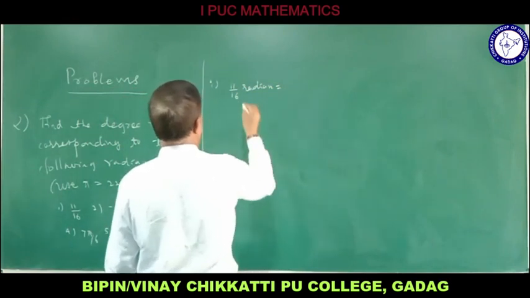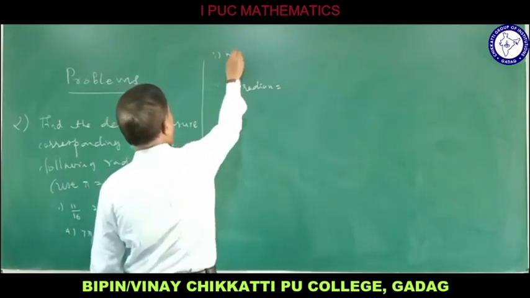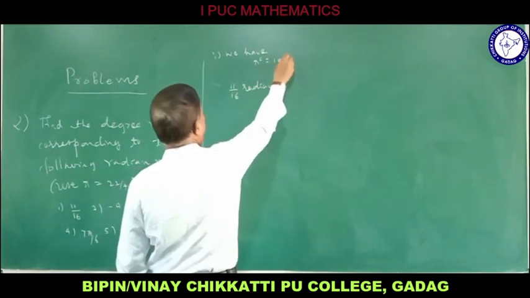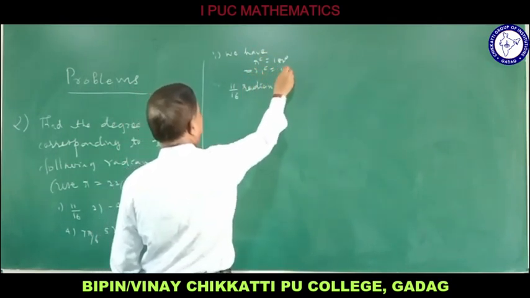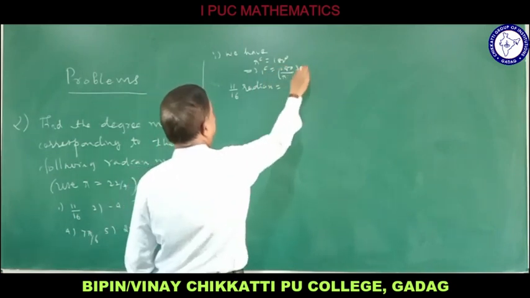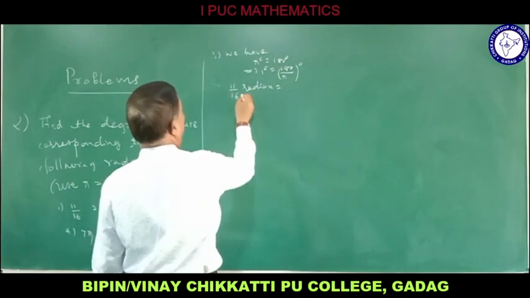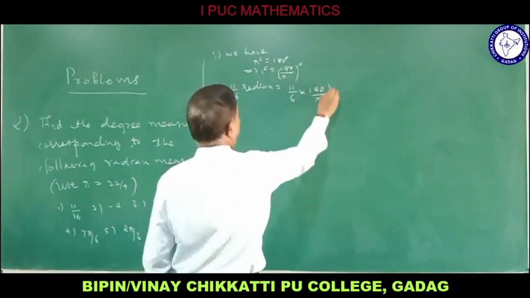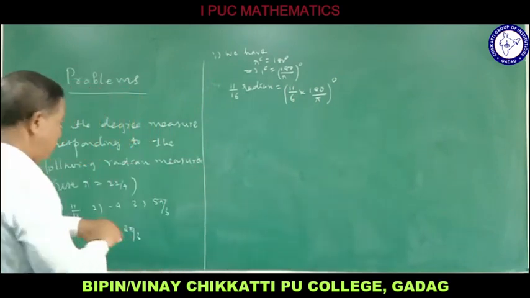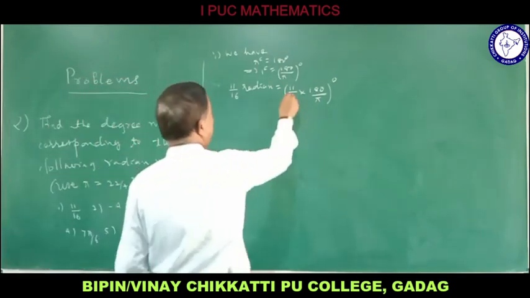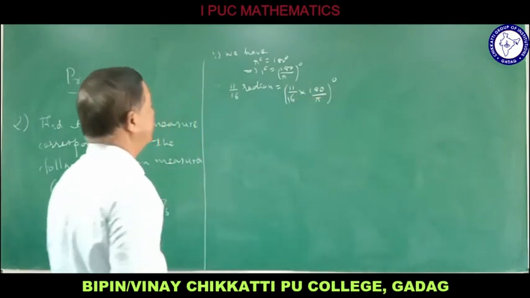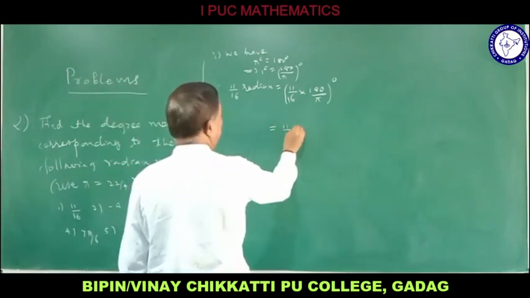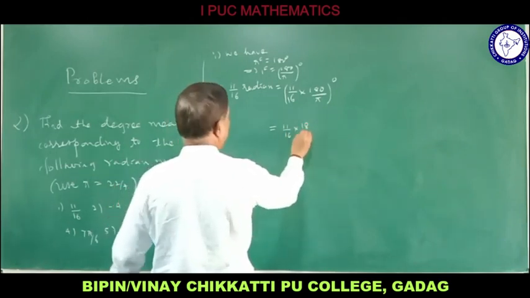Basically we have the formula: pi radian is equal to 180 degrees, so 1 radian is equal to 180 divided by pi degrees. So 11 by 16 radian is equal to 11 by 16 into 180 divided by pi degrees. The multiplying factor is 180 by pi. Now simplify it, using pi as 22 by 7.